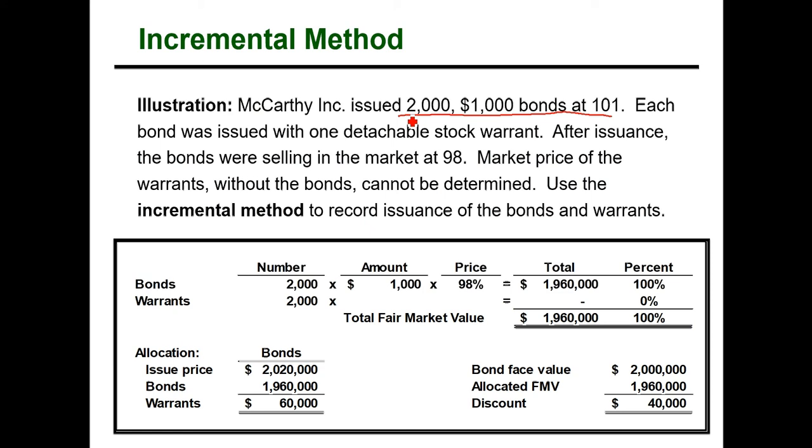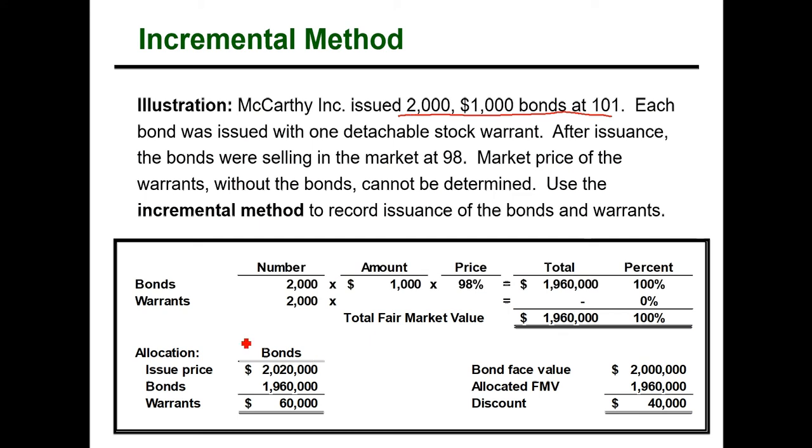The problem is we don't know what the market price of the warrants without the bonds would be. So because we don't know the market price of the warrants without the bonds, we have to determine what this allocation should be using the incremental method. How we simply do that is we take the fair value of the bond at 98%, which gives us 1.96 million, and we take the cash received less the bonds, and that determines the value of the warrants to be $60,000.